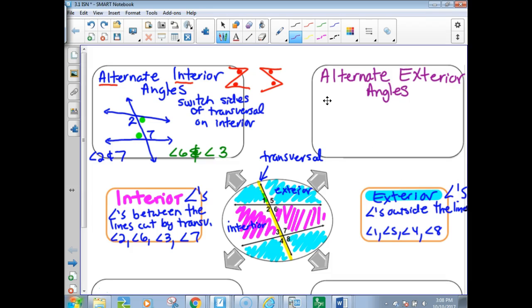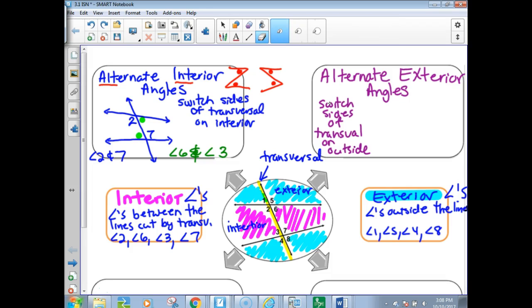They switch sides of the transversal on the outside. I'll just leave it abbreviated to save a little space.